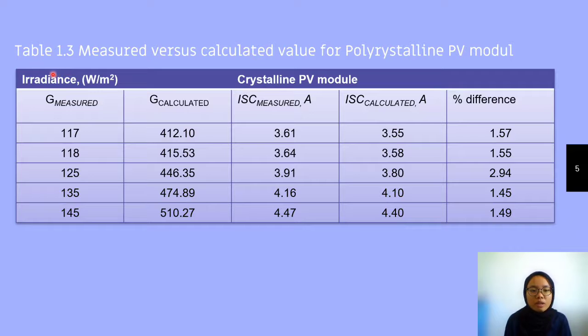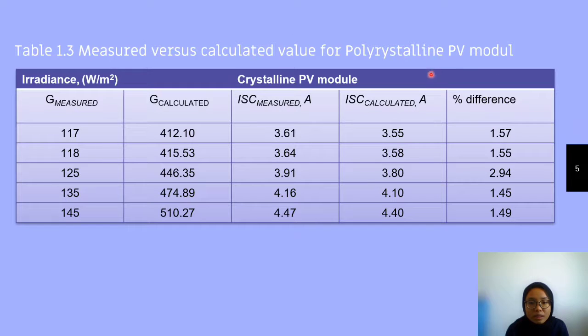So next we have table 1.3 of measured versus calculated value for polycrystalline PV module. So for irradiance we have the G measured and G calculated, and ISC measured, ISC calculated with the percentage difference. So when G measured is 117, as we calculated it, we got 412.10, and for ISC measured, we got 3.61, but as we calculated, we got 3.55.